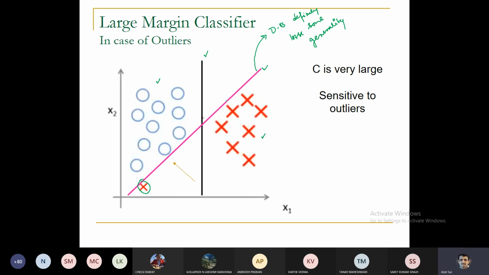So it may be noise or an outlier. But should we consider this outlier? That is very important.